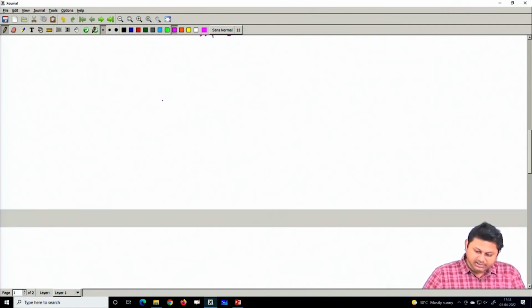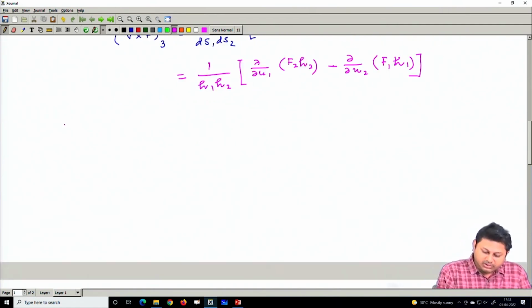In the similar way, you can find out the first component and second component. In general, if you do all the components, it should look like this.